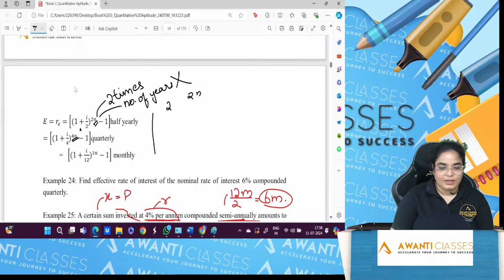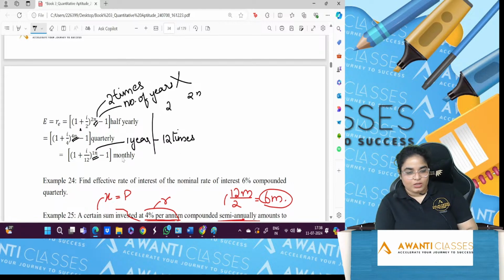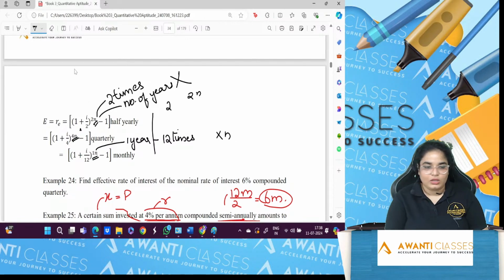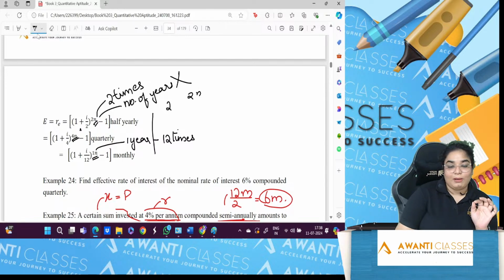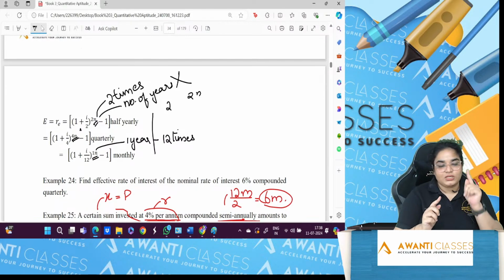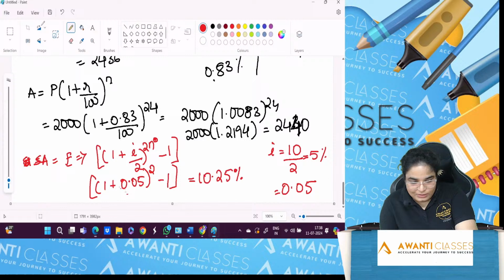Do not multiply it here as well. This is 1 year, 12 times in 1 year. Don't multiply it with n. That is not how it should be done. Always do the power of however many times in 1 year to get the effective rate of interest. Okay, do you want to do this for quarterly as well and see?